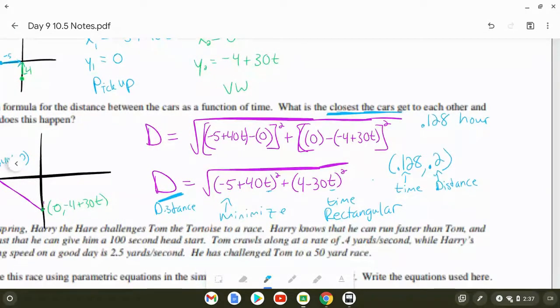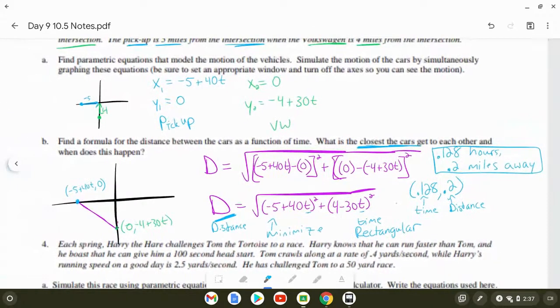So 0.128 hours from the time we started and they drove, they were 0.2 miles away from each other. So that was the closest they ever got to intersecting. So at 0.128 hours, they were 0.2 miles away. And if you want to convert that to minutes or seconds and feet, you can do so on your own.